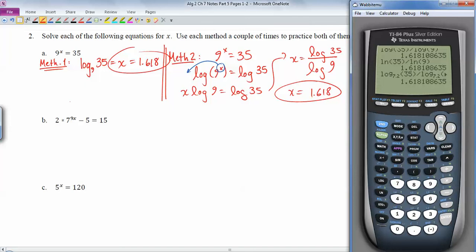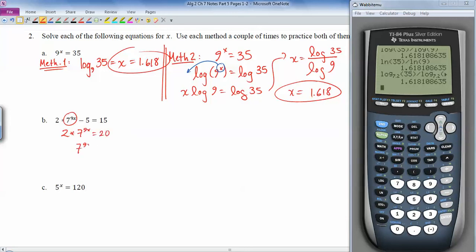Okay, let's try B. So in B, let's isolate that term to get the x term by itself first. So if I add 5 to both sides, I get 2 times 7 to the 9x equals 20, and then divide by 2, so 10. And at this point, if we use method 1, I'll just write m1 here, then that's going to convert into log base 7 of 10 equals 9x.